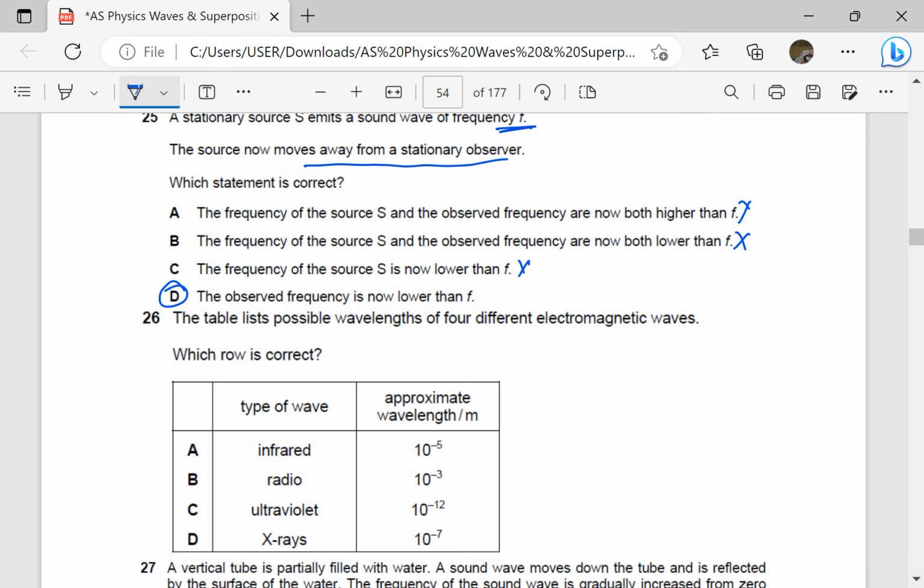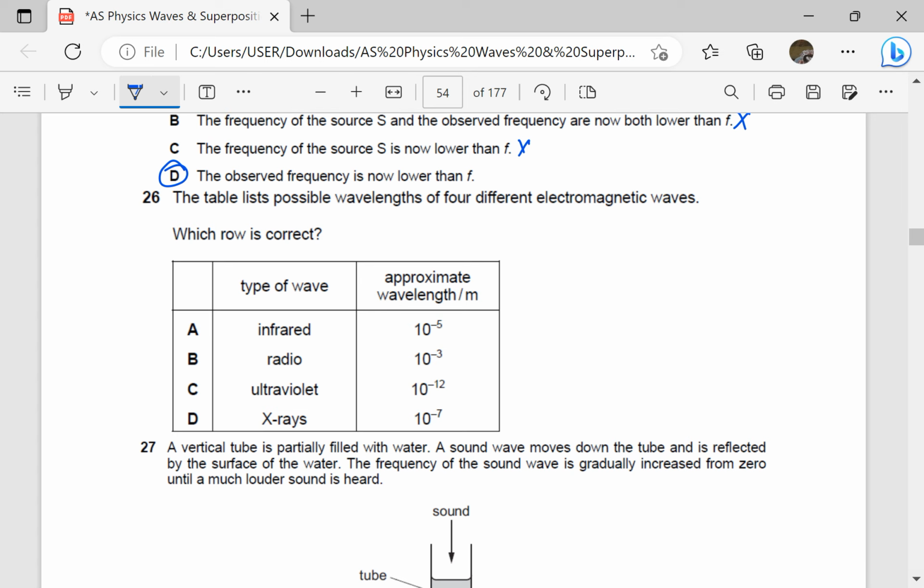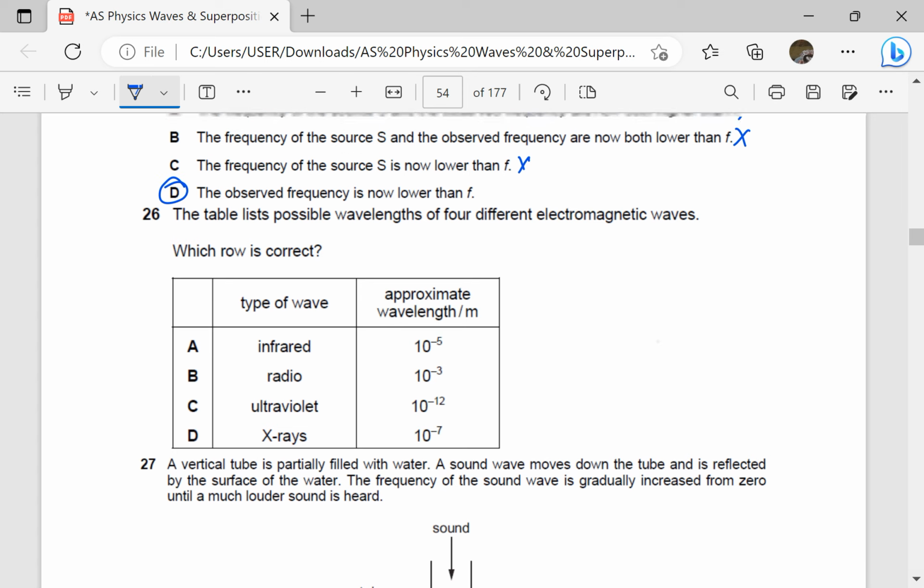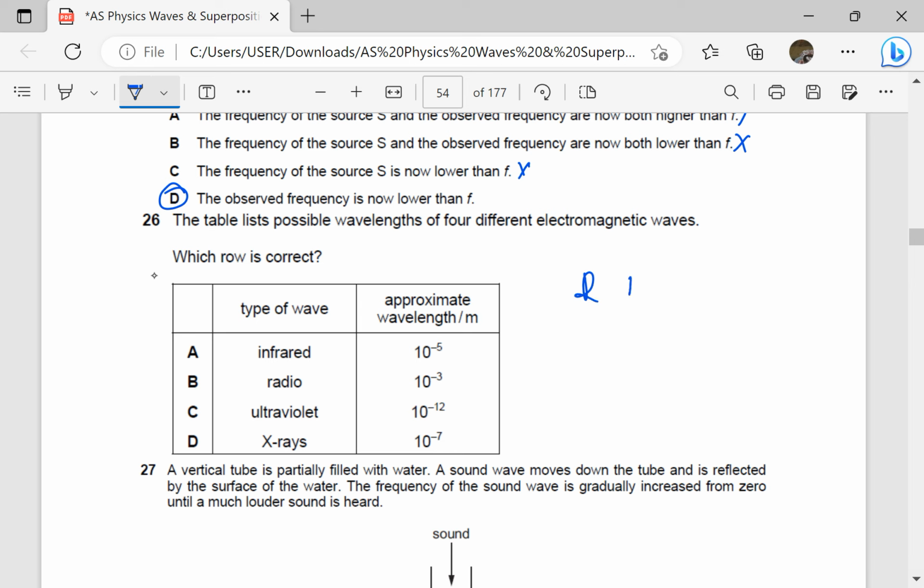The table lists possible wavelengths of 4 different electromagnetic waves. Which row is correct? Okay. So let's look at visible light, which is from 7 times 10 power -7 for red, and then up to 4 times 10 power -7 for violet. So 7 power -7 is approximately violet, so D is wrong.